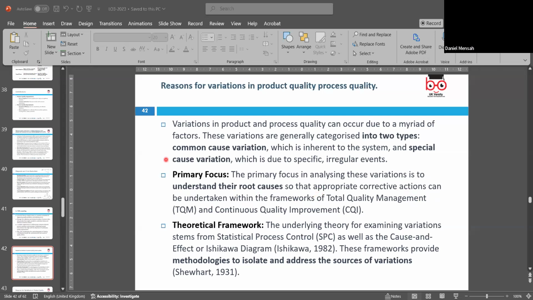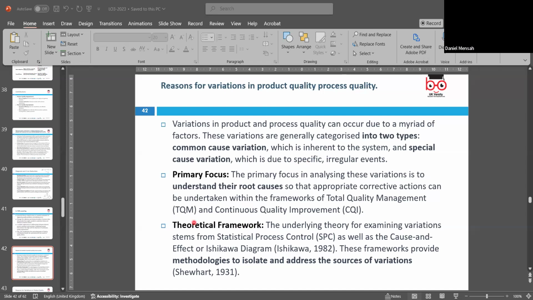Okay, so common cause variation is inherent in the system, some reasons happening within the system. Special cause variation could be any irregular event or external factor which brings changes in your processes and results in defects.